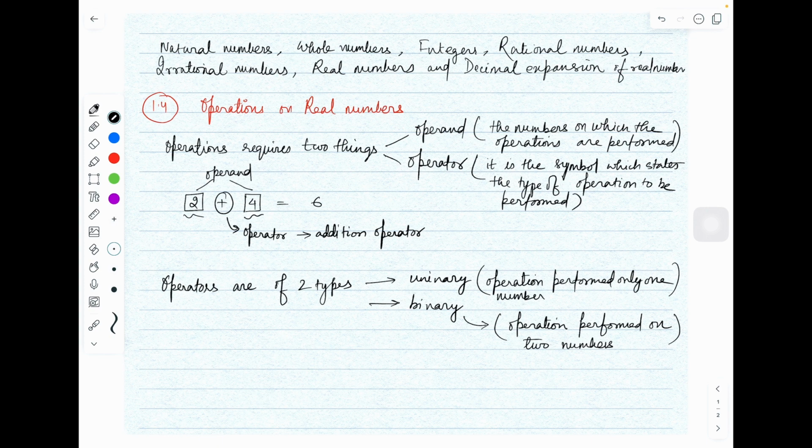See, if I write 2 plus 4 equals 6, this operator is using two operands, so it is a binary operator.